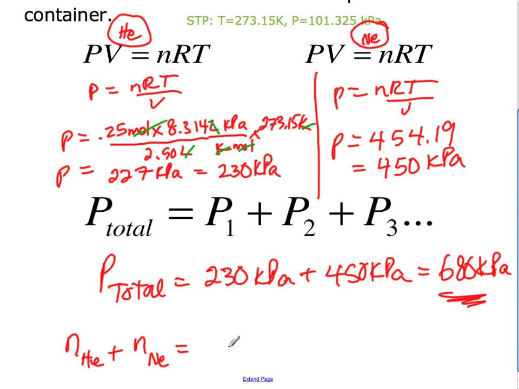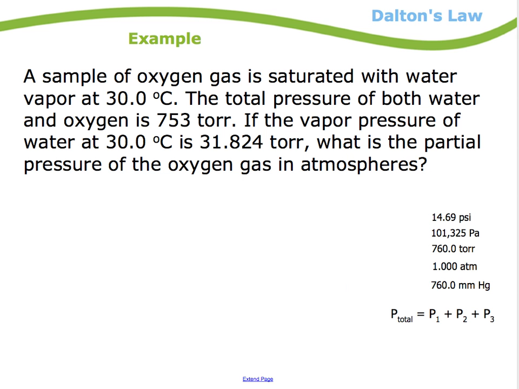So 0.25 plus 0.5 was 0.75, and then use this as my moles in my PV equals nRT. If you do that, you'll see that you come up with the same number. But that's because it was at the same temperature and the same volume. Let's try another similar kind of question using the same formula.